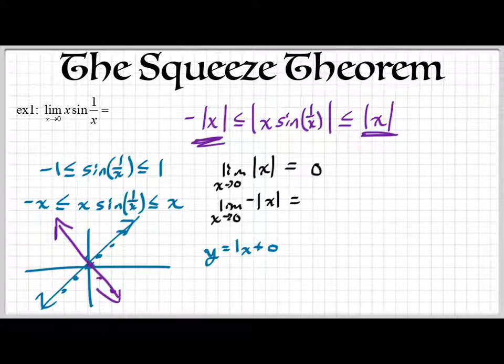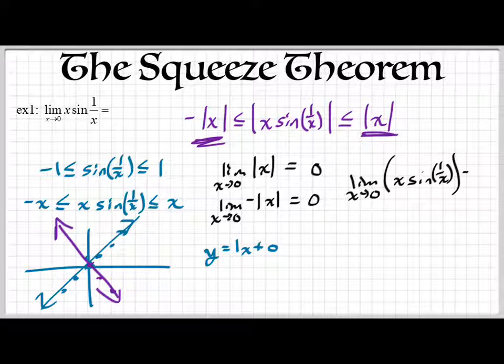If I plug 0 into that, do I get 0? So what would the limit as x approaches 0 be of x times sine? 0. Yeah, this would equal 0. So that's how you use the squeeze theorem for this, but still, I know it's not satisfying.